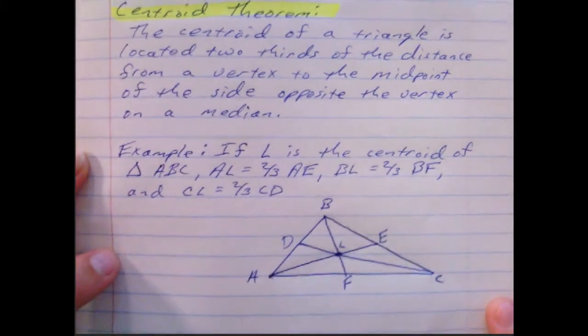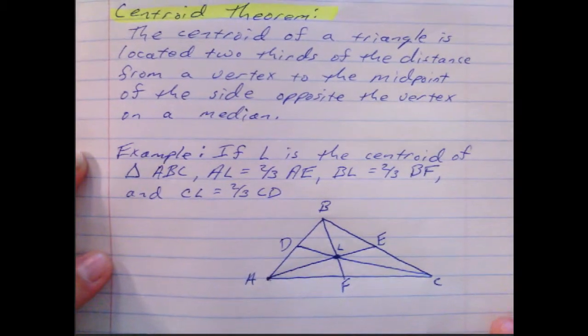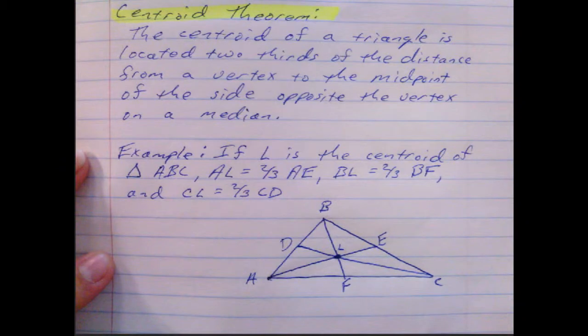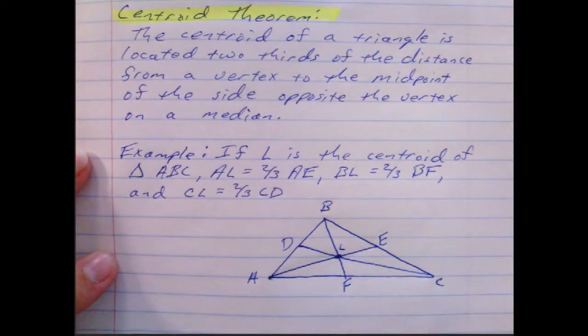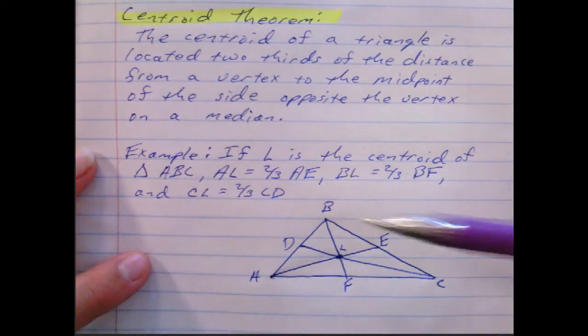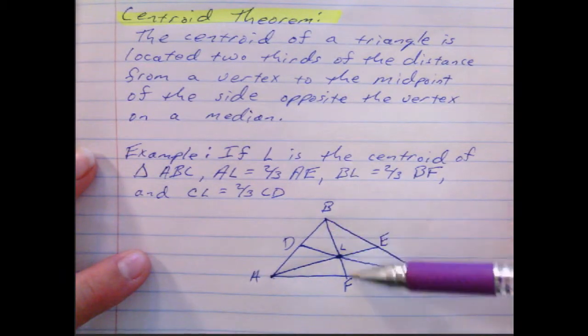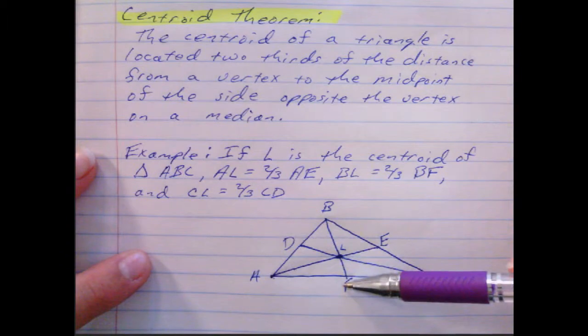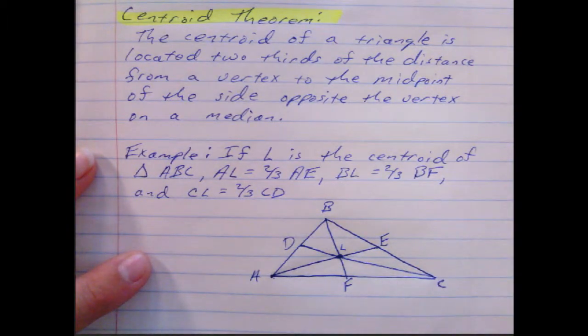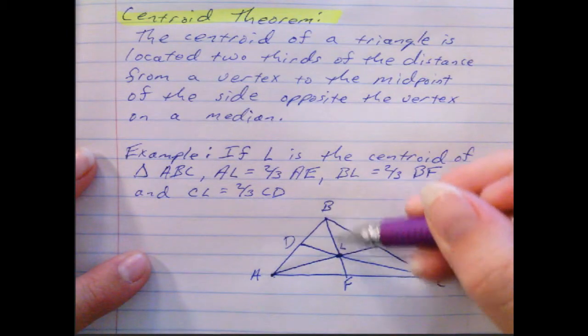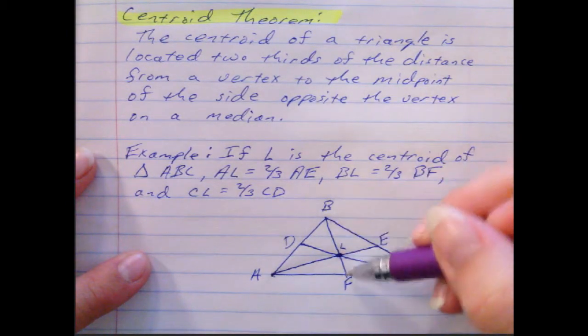Alright, so then we have a centroid theorem. The centroid of a triangle is located 2/3 of the distance from a vertex to the midpoint of the side opposite of that vertex on a median. So what that tells us, if I have this segment here, BF, then I know that BL is going to be 2/3 of that whole distance.